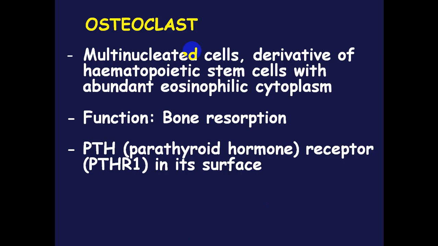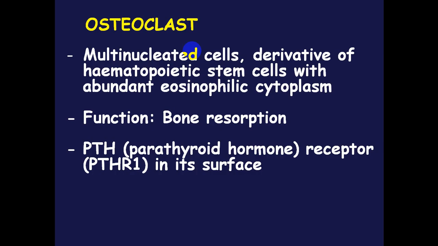It has a multinucleated morphology. It has many nuclei. And because it has macrophage properties, the main function is to engulf or phagocytize bone fragments. Therefore these cells are really important for bone resorption.